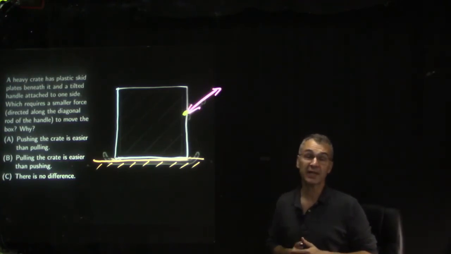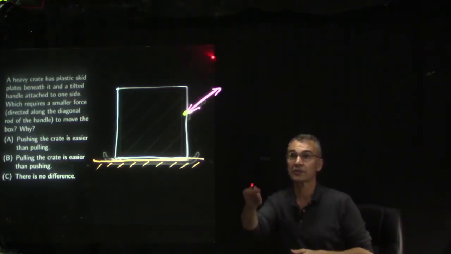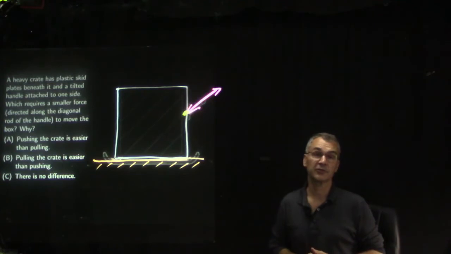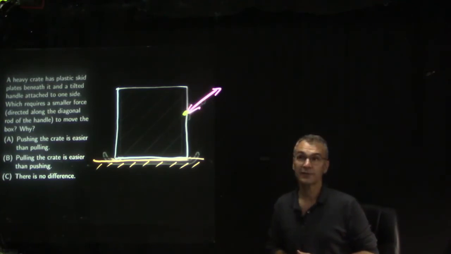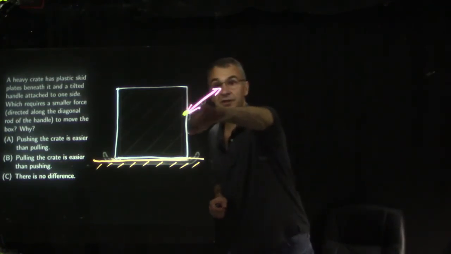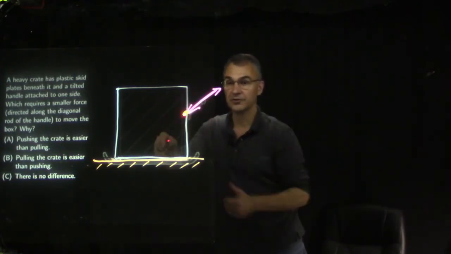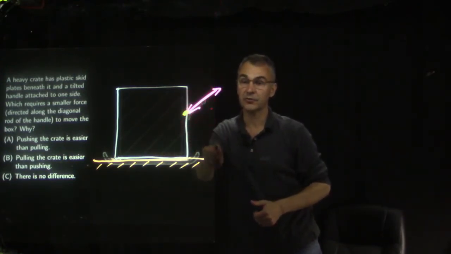And by easier, we actually mean the magnitude of the force that you have to apply to this rod or rope here. So you could think intuitively, here's one way to think about this. When you pull the box, then you are exerting a force that has a component this way, horizontally, but it also has a component this way, vertically.